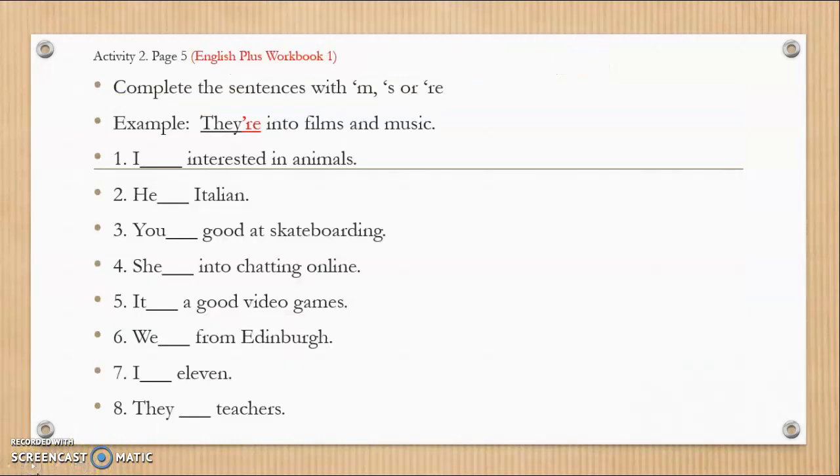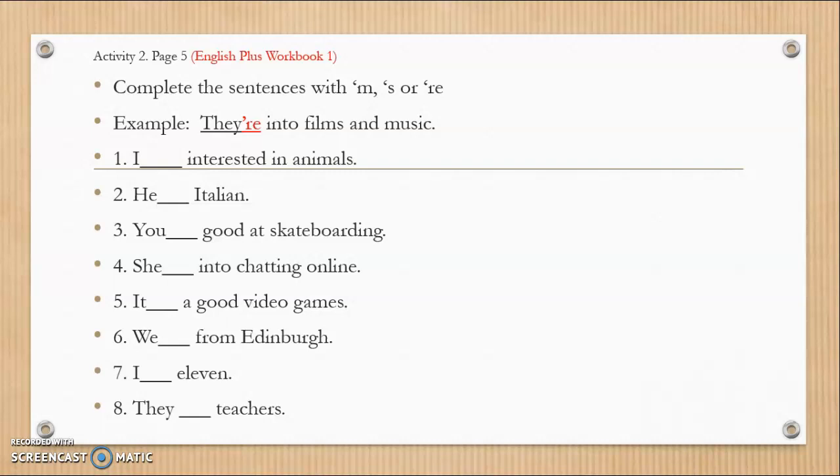Next one. This is activity 2, page 5. Activity 2, page 5, also in your handouts. We have here the English Plus Workbook 1, page 5.